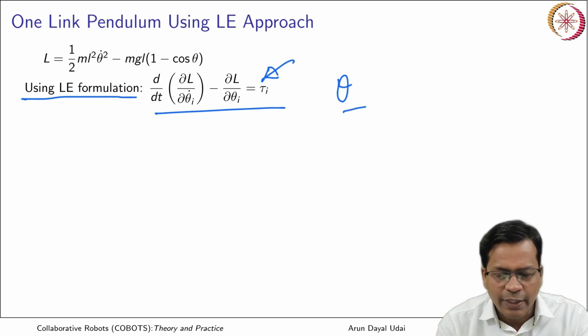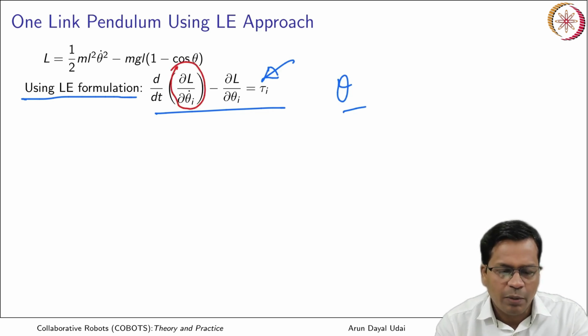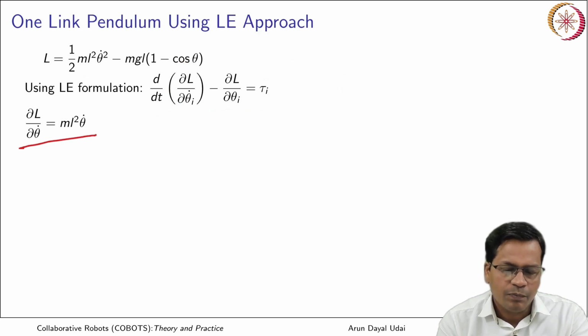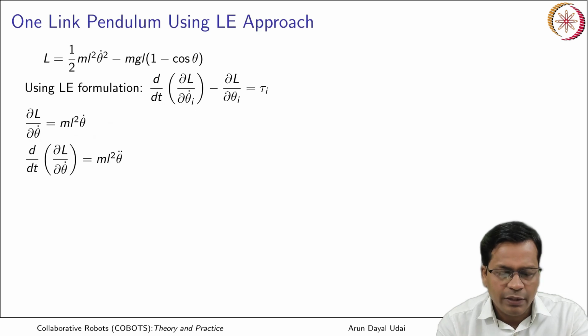I will again do the bracketed term first, dou L by dou theta dot. Again you see only the first term has got theta dot. I will take the time derivative of this once again and I will get d by dt of dou L by dou theta dot is equal to m L square theta double dot.